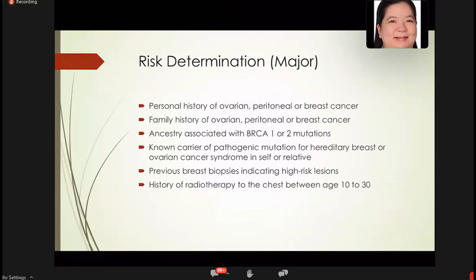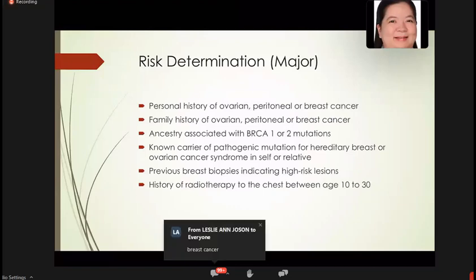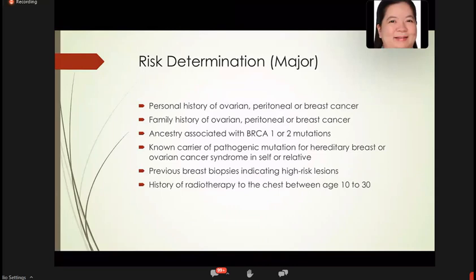So, how do you determine the risk, no? Mga major determinant ng high risk, no? Pag meron tong mga to, ay, teka, high risk yung pasyente ko for developing breast cancer, okay? So those with personal history of ovarian, peritoneal, or breast cancer, okay? Those with family history, no, of ovarian, peritoneal, and breast cancer, especially in the first degree, okay?